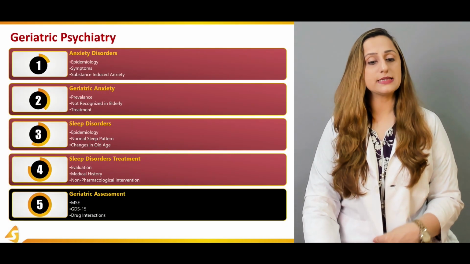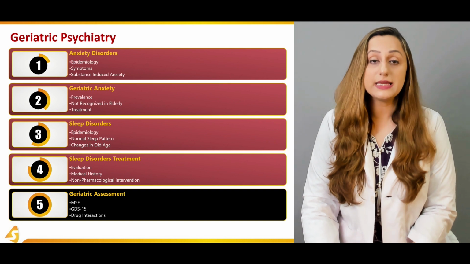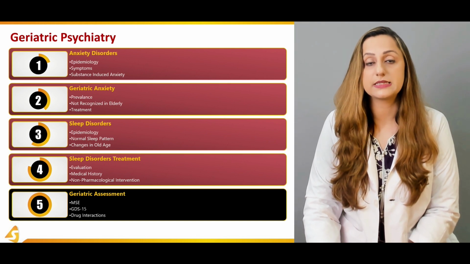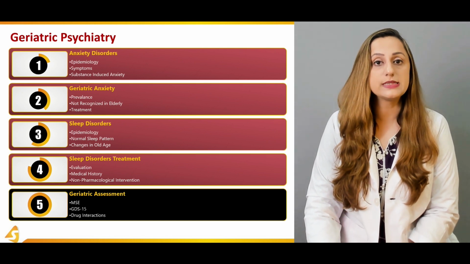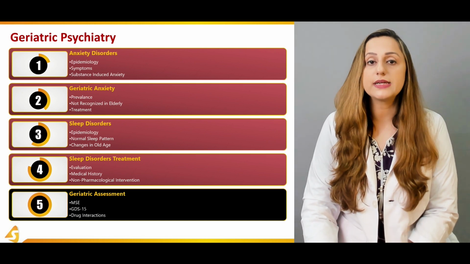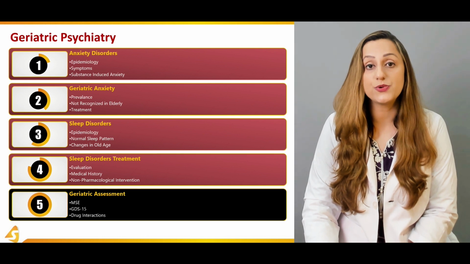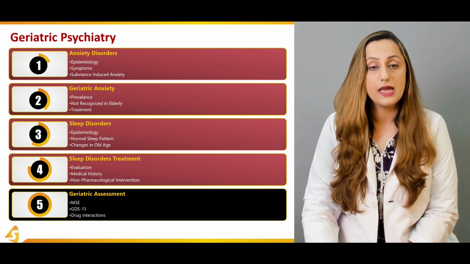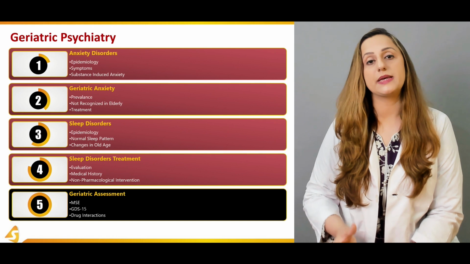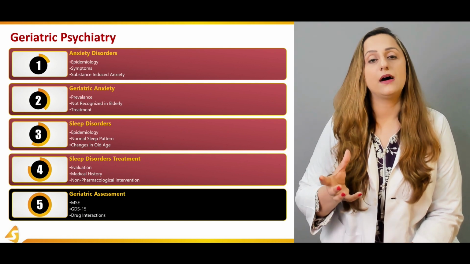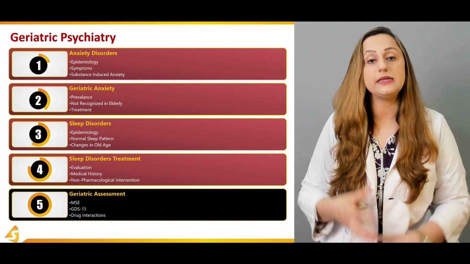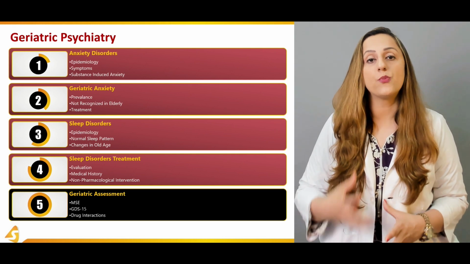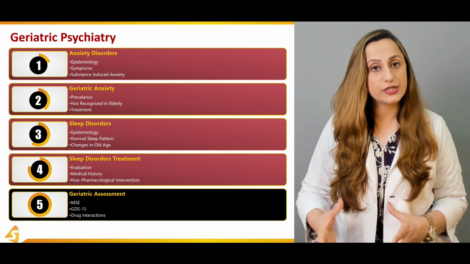So these are the baselines for the geriatric assessment. It includes the mental state examination in these individuals. And then we have the Geriatric Depression Scale, also known as the GDS-15. It's known as GDS-15 because it contains 15 very significant questions that can make the evaluation easier for the clinician.